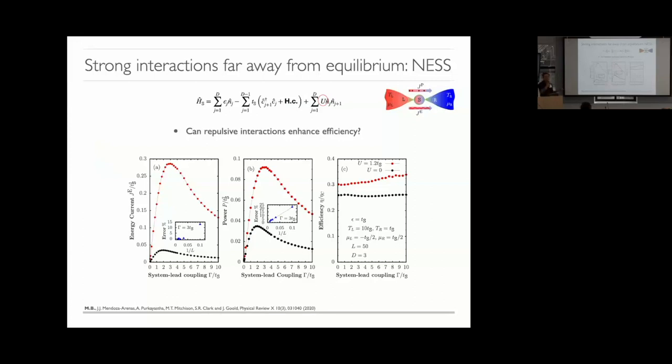And then what we can do is consider what happens when you look at a thermal machine at the power, efficiency, and the energy currents when you have no interactions and when you add some interactions. And the idea here is that repulsive interactions should lead to some detrimental effect. Yeah, there are some inelastic scattering effects happening, going around, that we expect will be detrimental to efficiency. But that's not the case. If you look at the black lines here, this is the non-interacting problem.